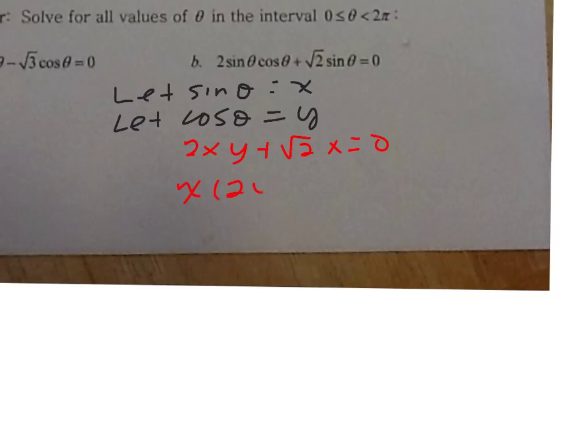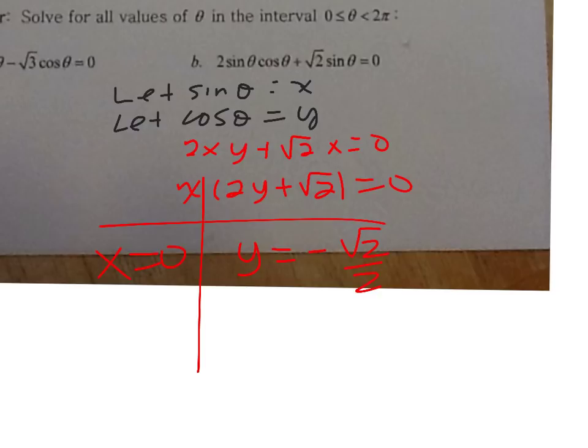So I get 2y plus the square root of 2 equals 0. T-chart, we get x equals 0. Minus the square root of 2 divided by 2, y is equal to negative the square root of 2 over 2. Replace x with sine, so sine theta equals 0. Replace y with cosine, cosine theta equals negative the square root of 2 over 2.